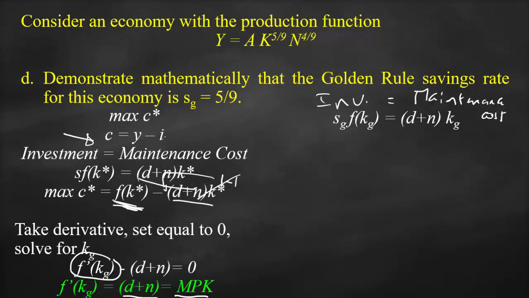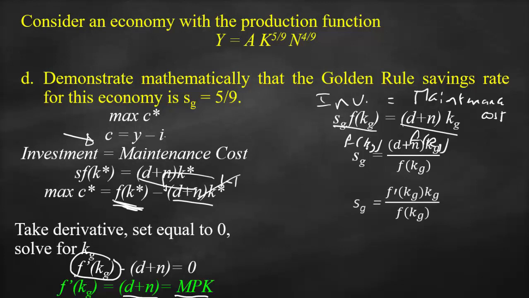I put here little g for savings and capital in order to refer to the golden rule. Then I would like to put s on one side, all other variables on the other side. So I will divide both sides by the function of capital, which is our output function. So this will give us s g equal to (d plus n) k g divided by the function of k g.